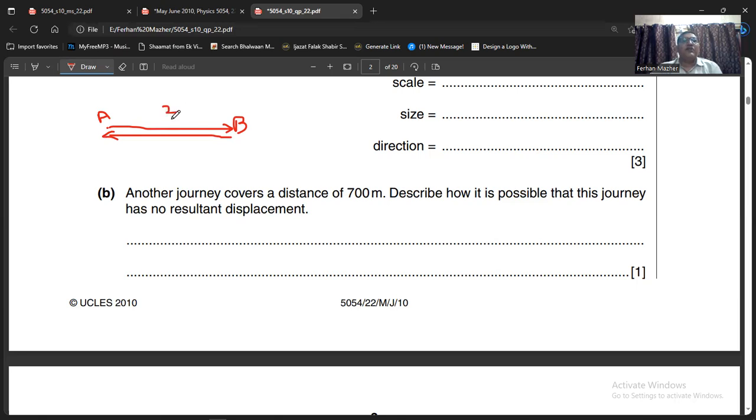Your distance will be 700 meters, but your displacement will be 0, because your starting point and your finish point are both the same point. So your displacement will be 0.